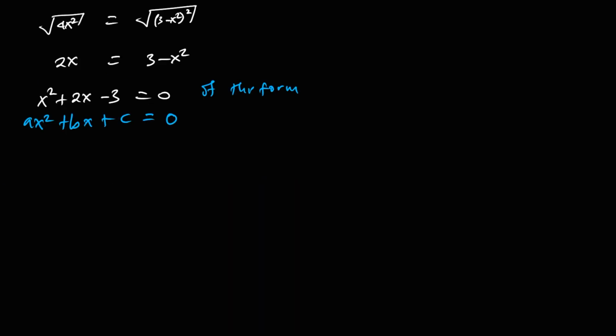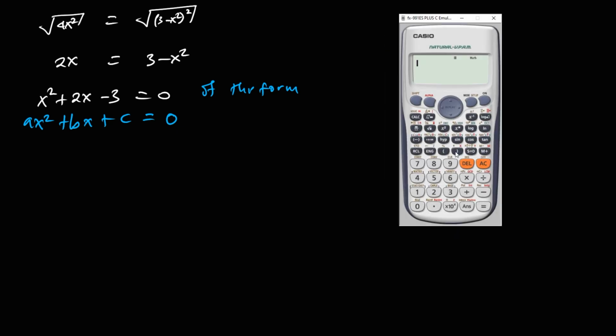So let's use a calculator to obtain the possible values of x. Go to mode, equation, that's degree 2 quadratic equation. Our value of a, the coefficient of x squared, is 1, and the coefficient of x is 2.